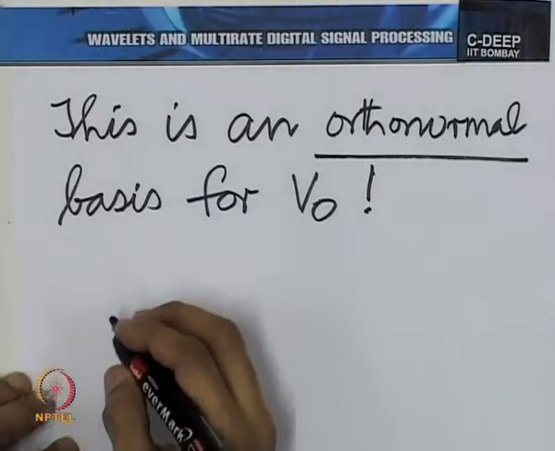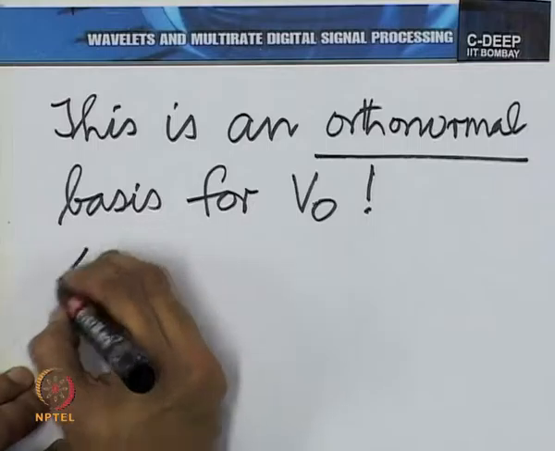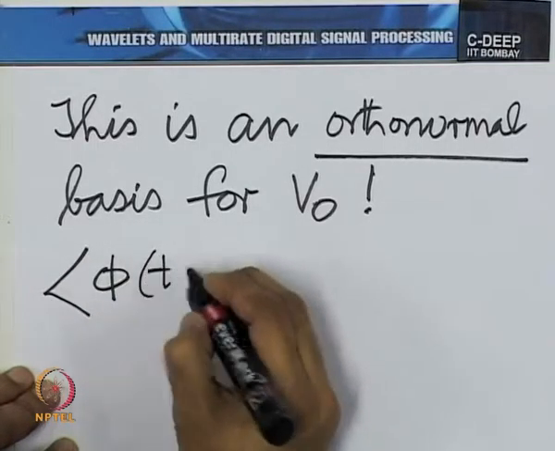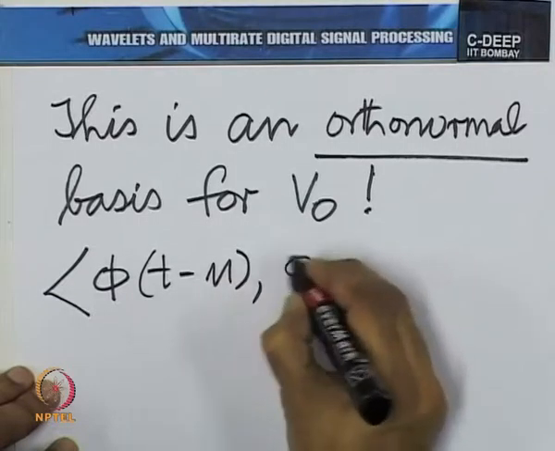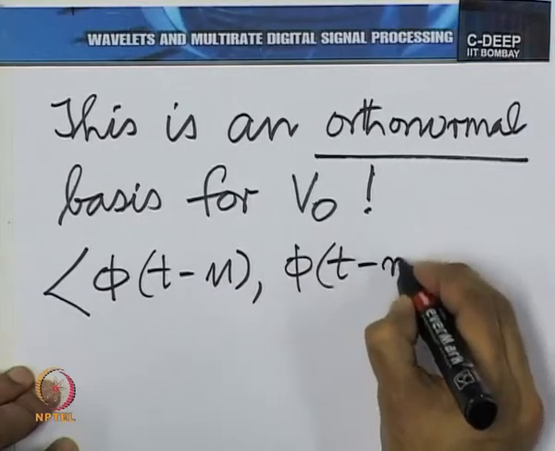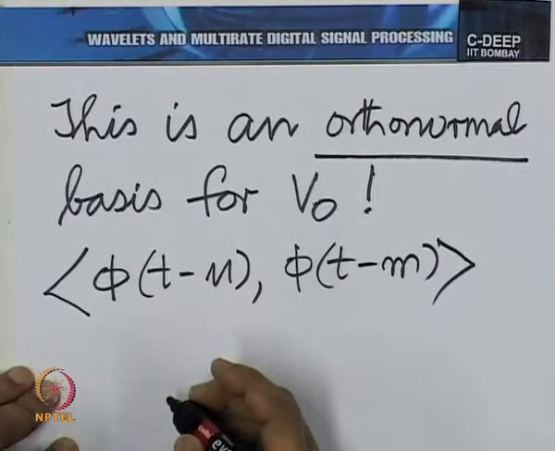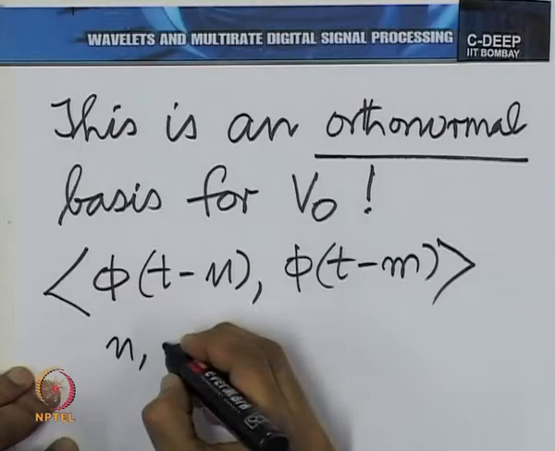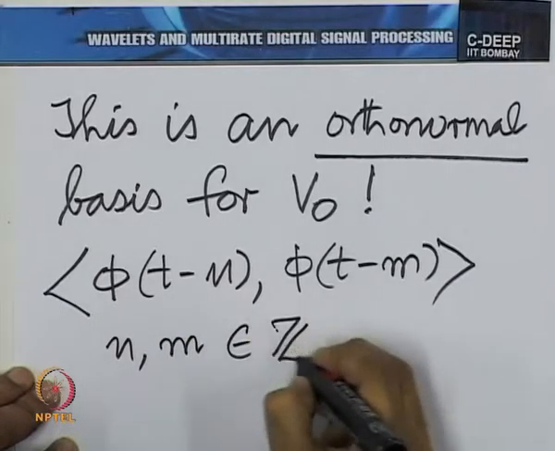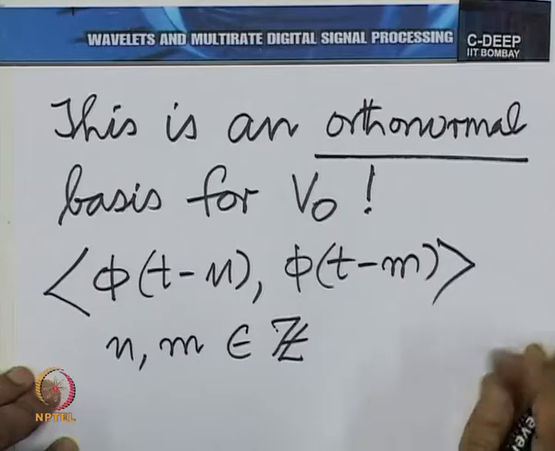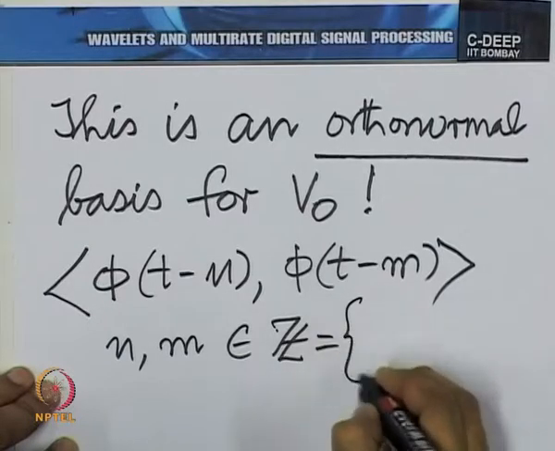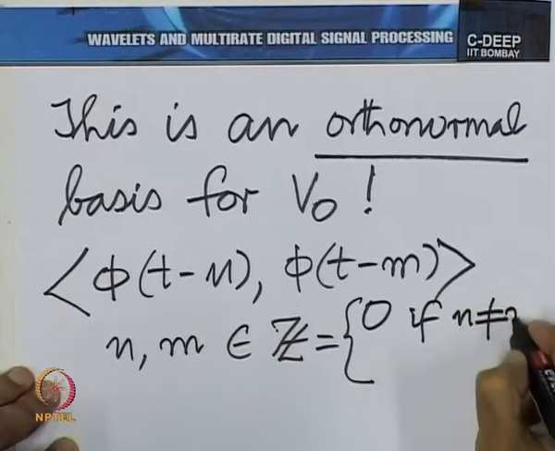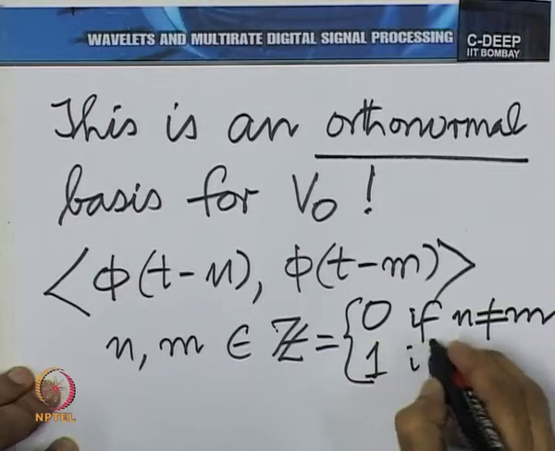What do we mean by that? If I take the dot product of two of them, phi of t minus n and phi of t minus m, for any two integers n and m belonging to the set of integers, then this dot product is equal to 0 if n is not equal to m, and 1 if n is equal to m.